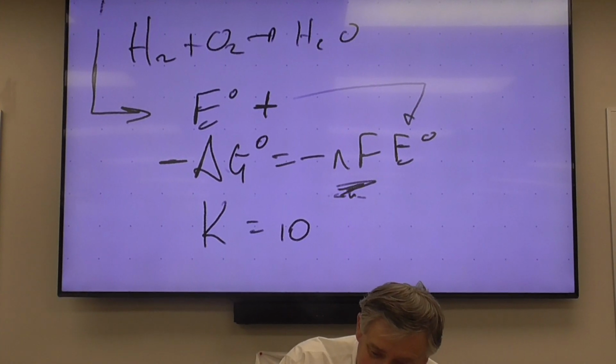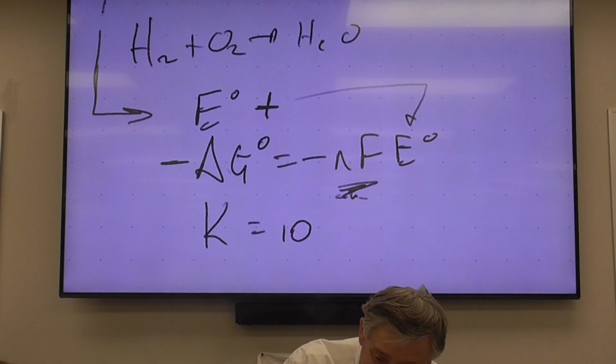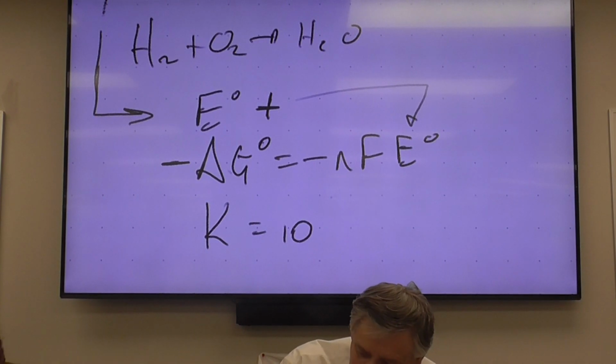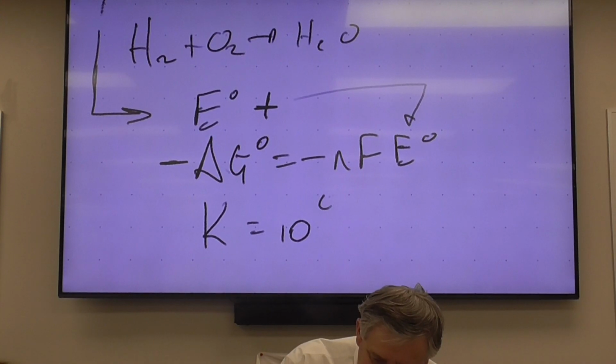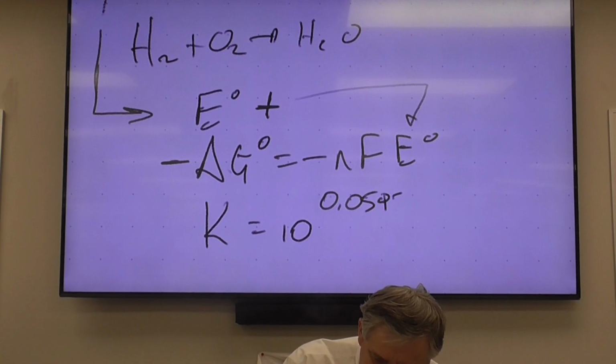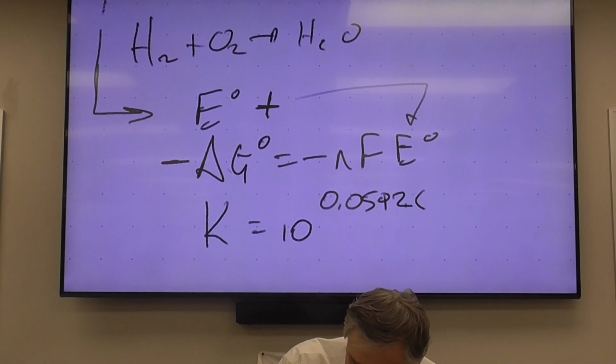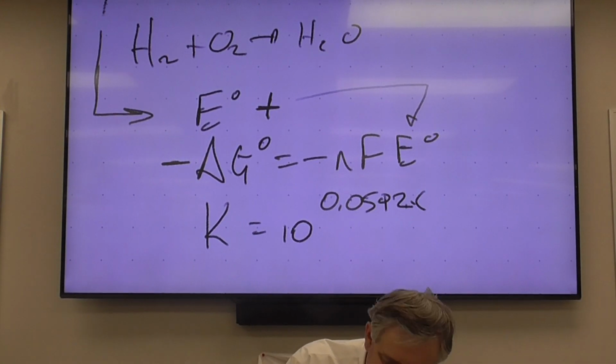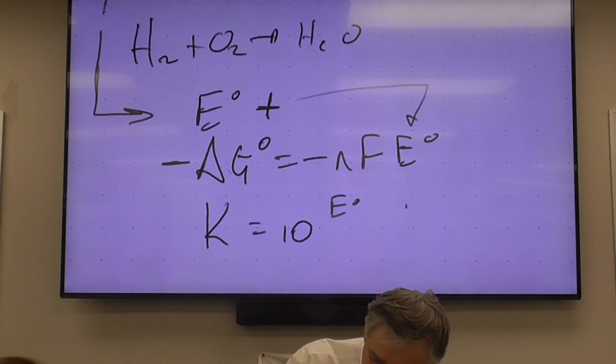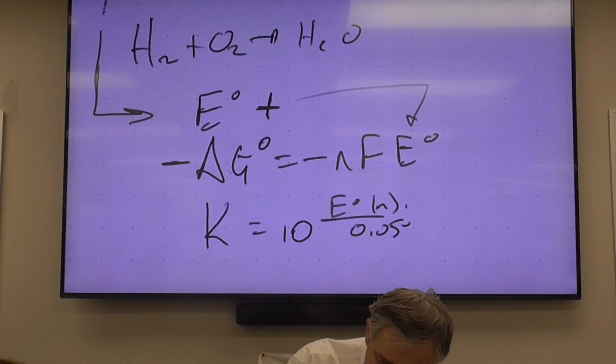I really didn't have time to eat much lunch. Yeah, sorry, it happens. It's 0.0592 times, wait, no, it's E naught. I had it right the first time. It's E naught times n divided by 0.0592.